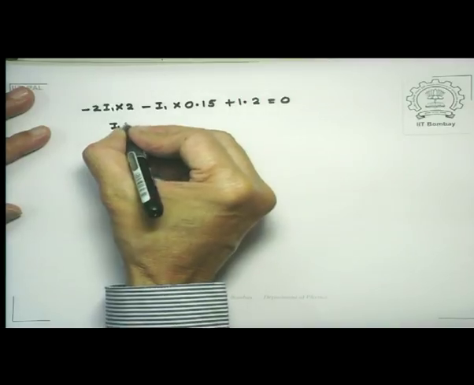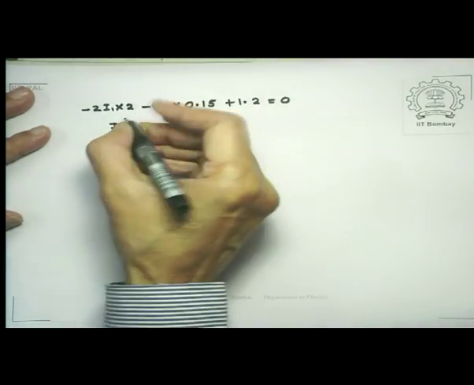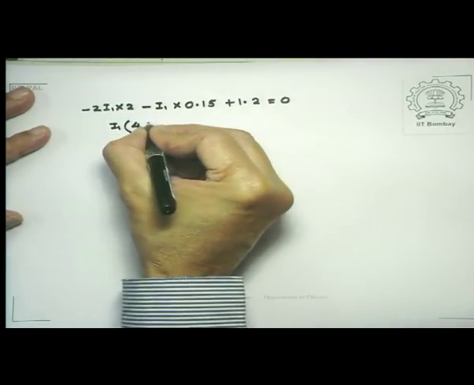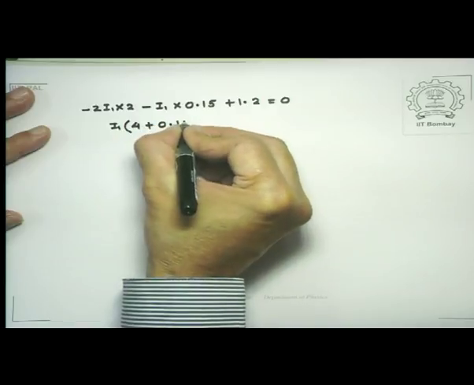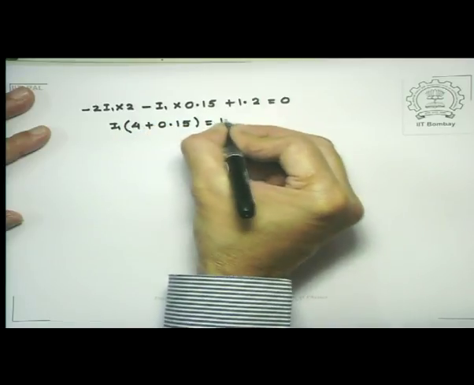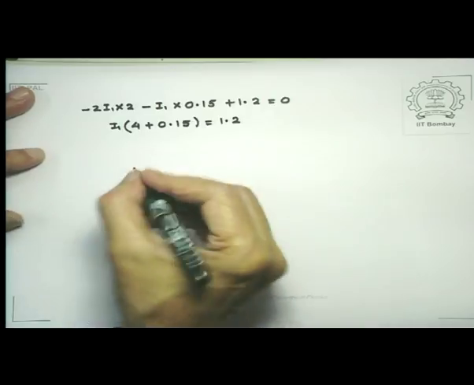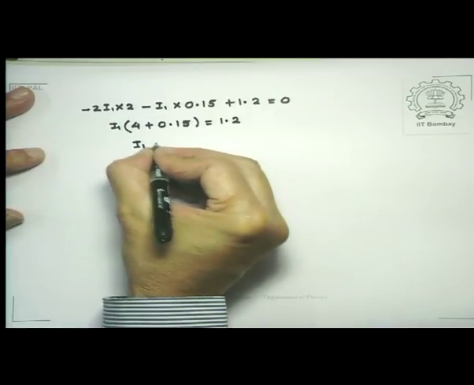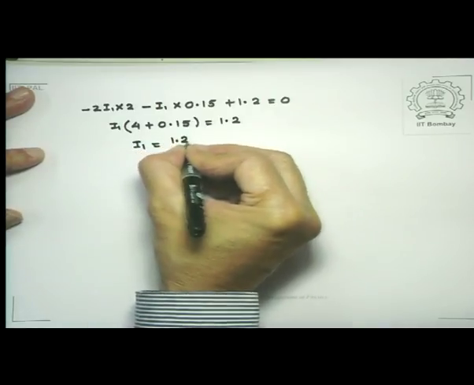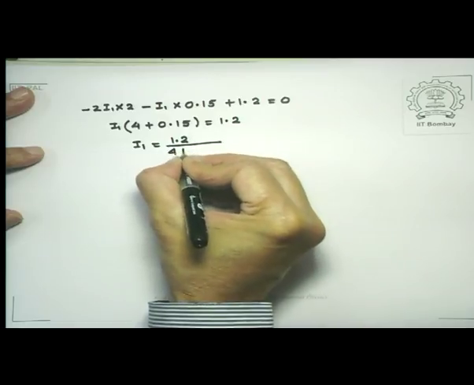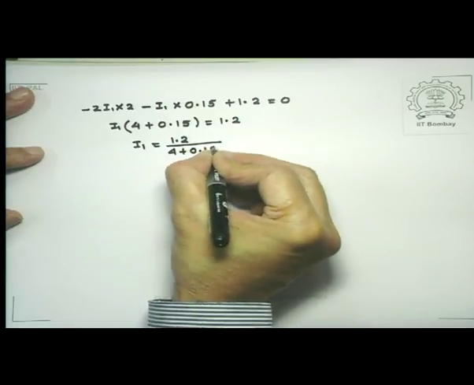I will not be doing the algebraic addition for a particular reason. So let us write it as I1 times (4 plus 0.15) equals 1.2, which gives the current I1 to be 1.2 divided by 4 plus 0.15 amperes approximately.